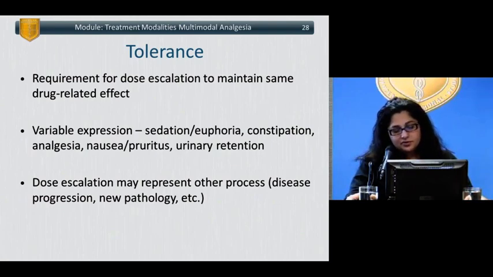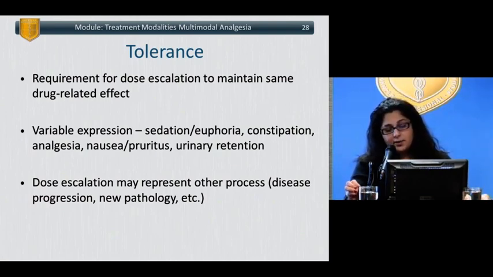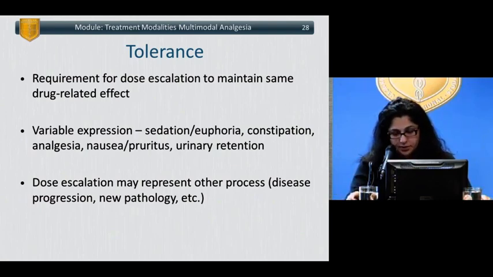And unfortunately, with dose escalations, this can lead to side effects as well. You can still have the sedation, constipation. And one thing you need to be careful about before you start escalating these doses, especially in acute postoperative pain or even in chronic pain in patients who have disease states, you need to first ask the question, why am I increasing the dose? You have to exclude any functional causes or disease progression as well.